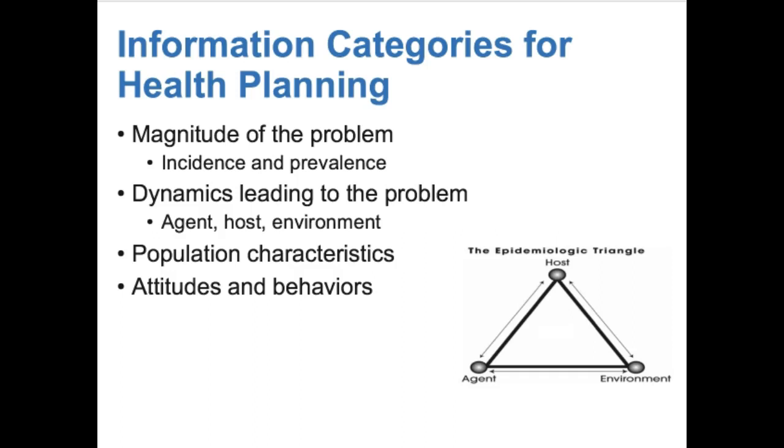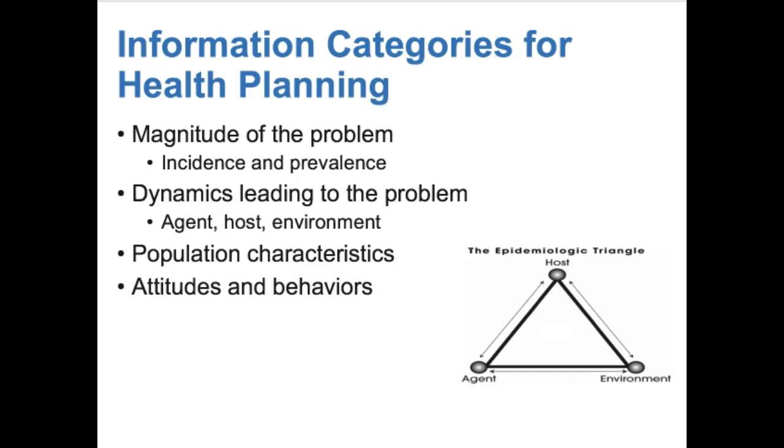Population characteristics relate to the social aspects of a population, such as income level, education level, occupation distribution, etc. The socioeconomic makeup of the community that you're working in could dramatically influence health risks. Lastly, attitudes and behaviors of the population being assessed are important factors to consider.